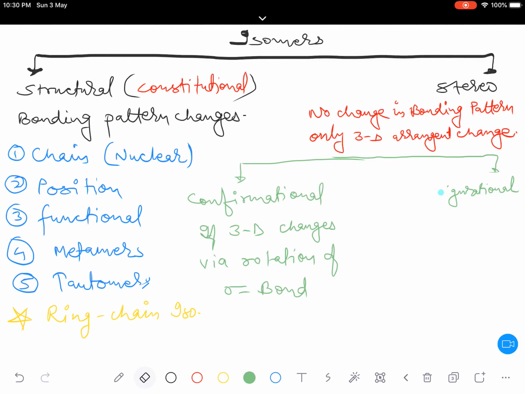Okay, now here this configurational I will take, let's say we take configurational isomerism.